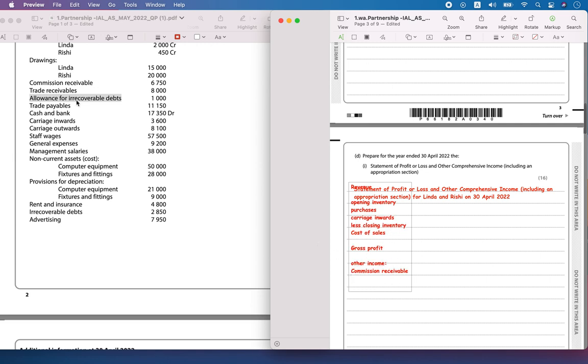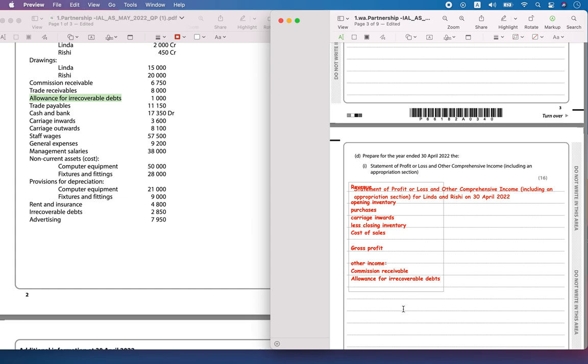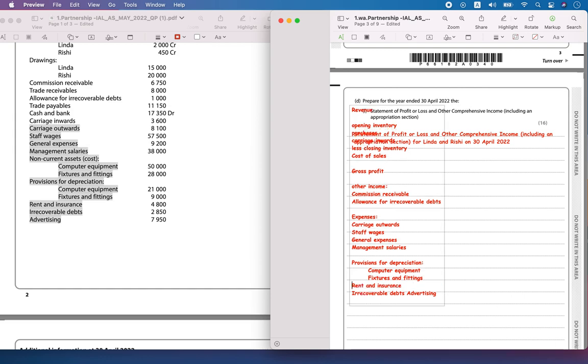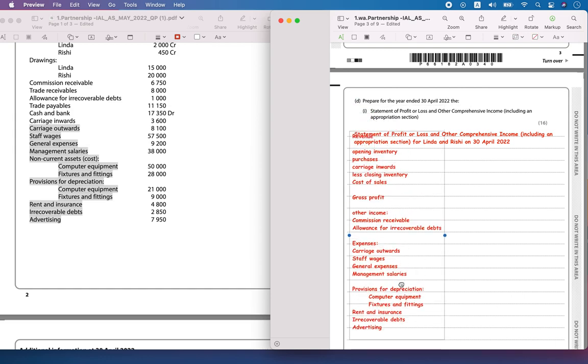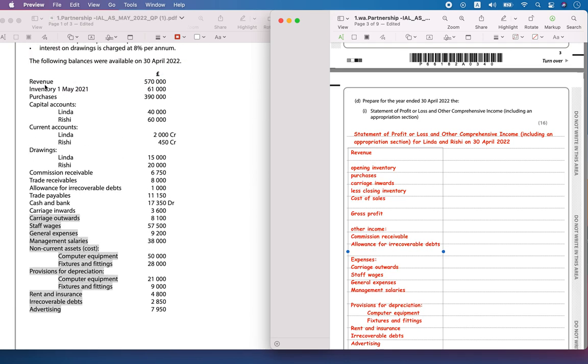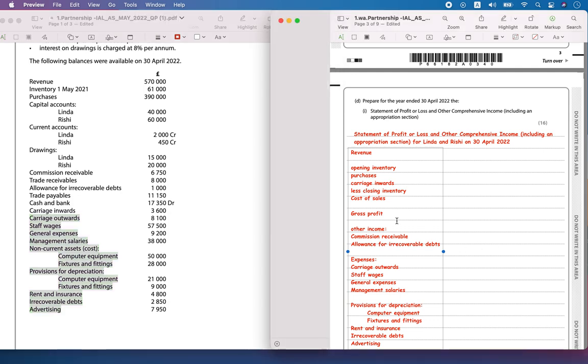So let's write that: the allowance for irrecoverable debt is coming as other income. And then apart from that, we have rent and insurance expense. Irrecoverable debt is an expense, advertising is an expense. So we have covered everything. All these are expenses.